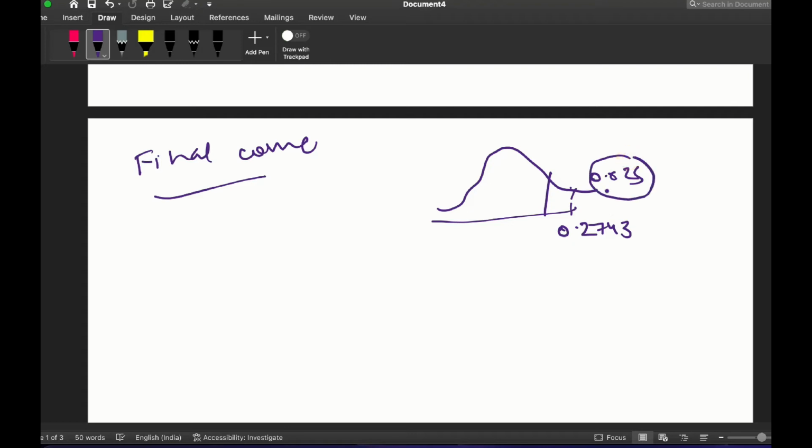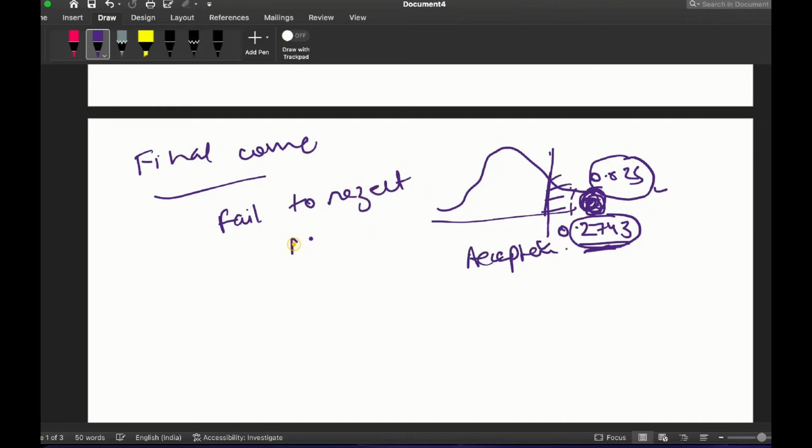So this is very small, and our p value is coming in the acceptance region. Our rejection region is very small compared to the p value. So what does that mean? We fail to reject the null hypothesis. Okay, so it's very simple.